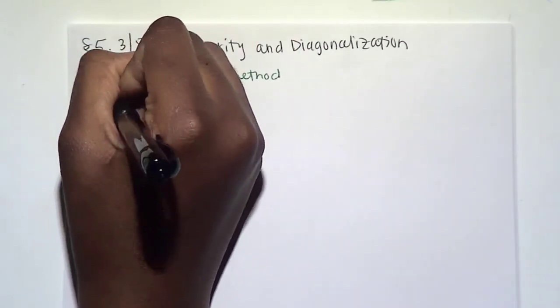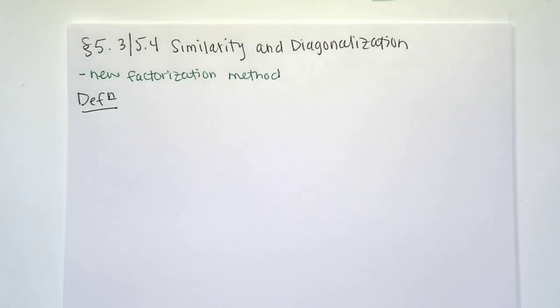So we are going to get a definition of what it means for matrices to be similar.